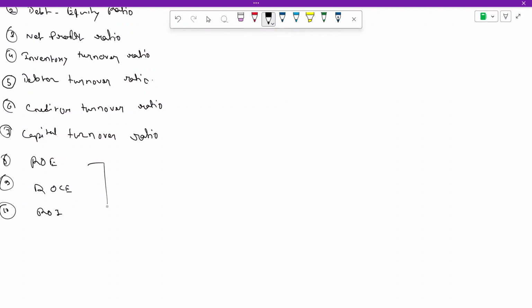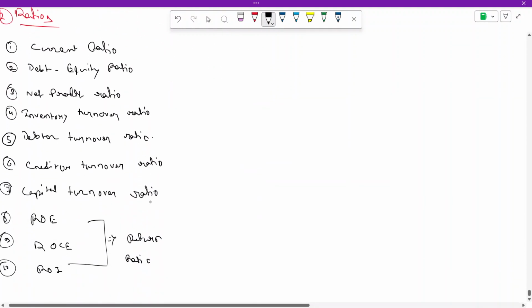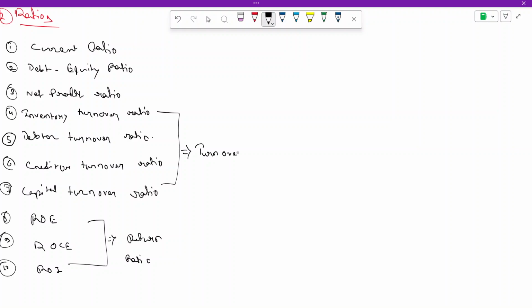Okay. These are the return ratios. These are the turnover ratios. Okay. Check these ratios. The auditor should also check these turnover ratios.